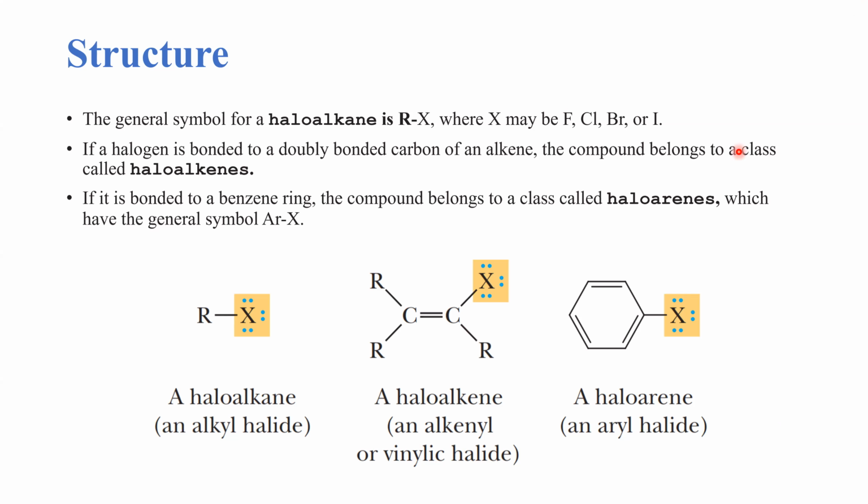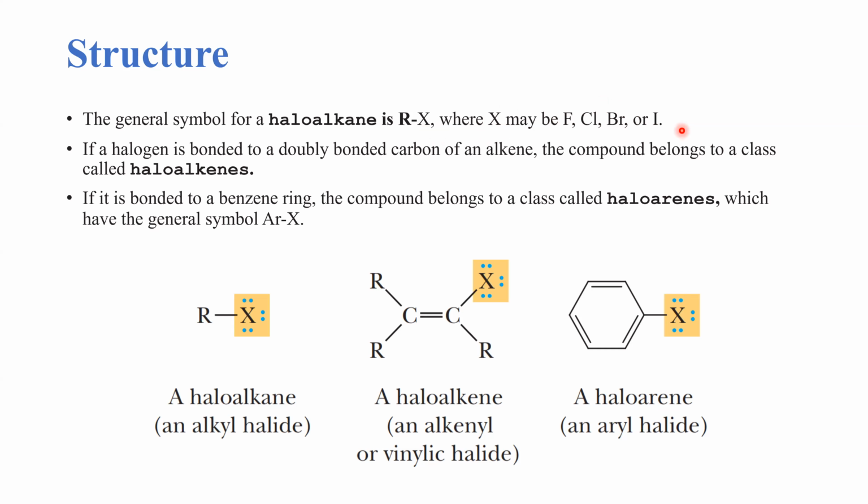Yes. So the general symbol for a haloalkane is RX. R, as I have told you, is the alkyl, and X stands for the halogen. Usually when you are looking at organic textbooks and at the general formulas of the different classes of compounds, X is largely meant to be F, Cl, bromine, and or iodine, these halogen elements.